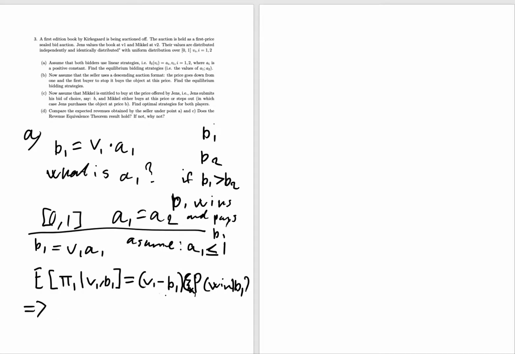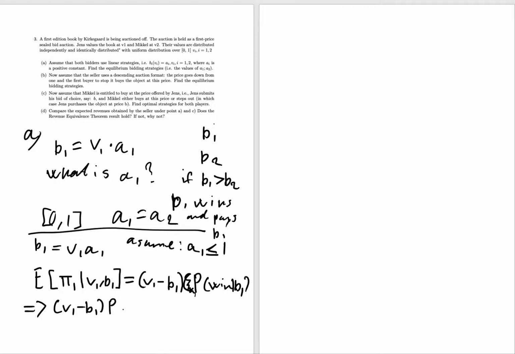We're going to expand a little bit on this one. This one right here is just going to stay the same. And now we're going to expand on the chance of winning.